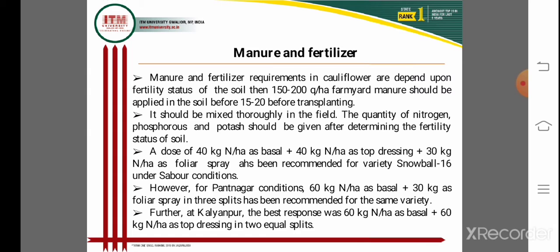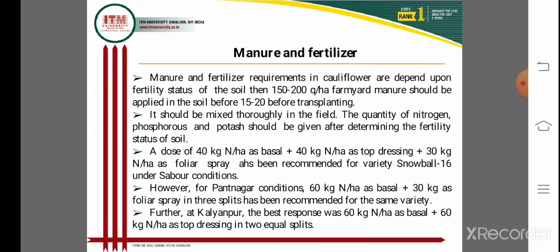Next is manure and fertilizer, which can be used for plant growth and cultivation of cauliflower. The manure and fertilizer required in cauliflower depend upon the fertility status of the soil.